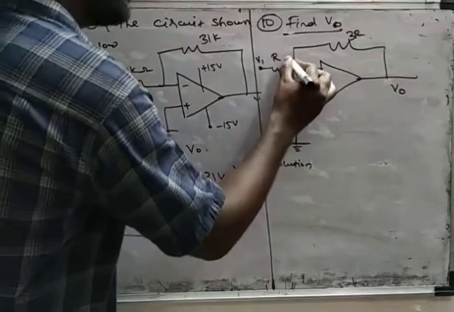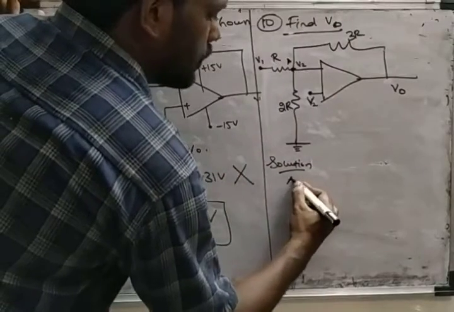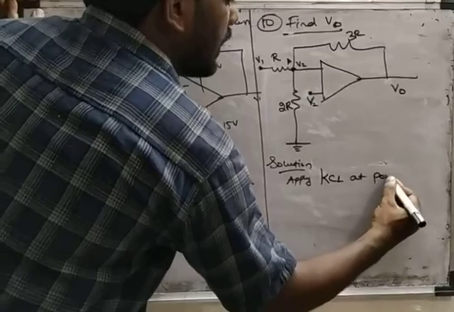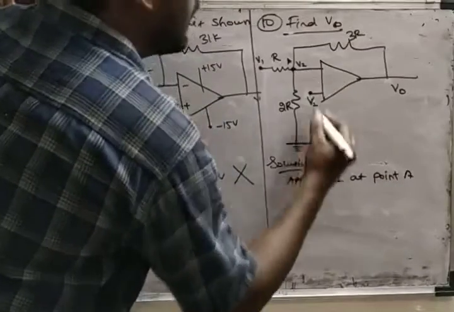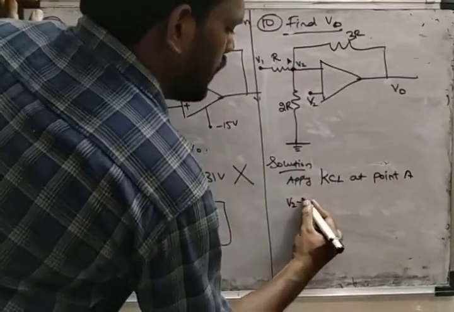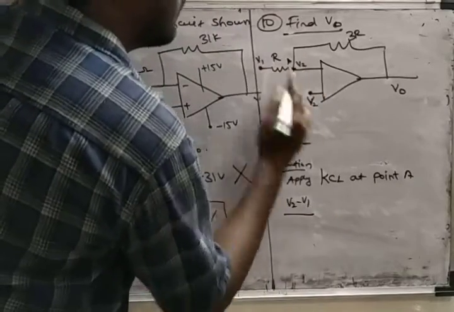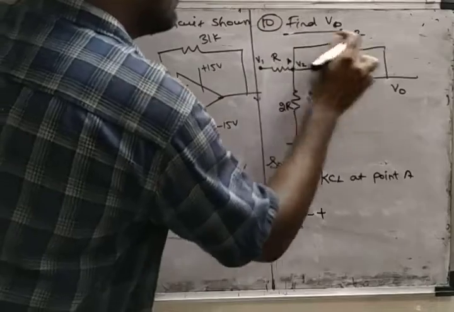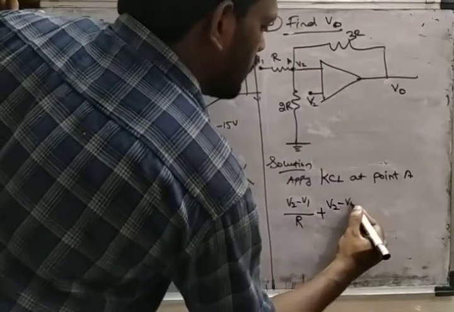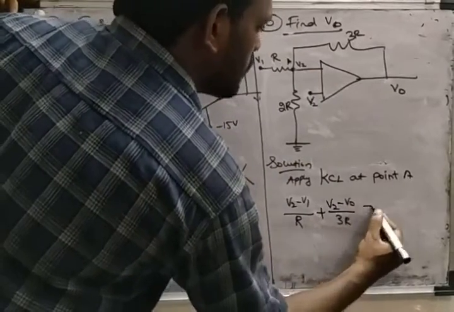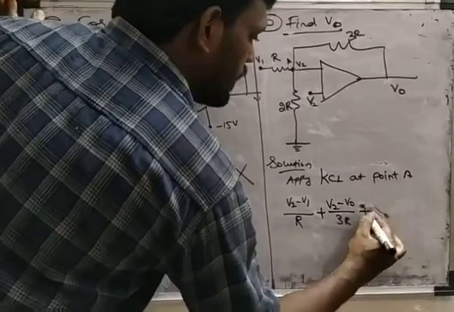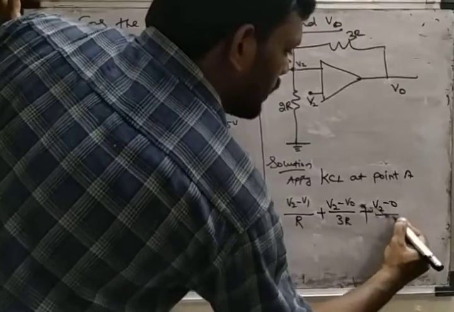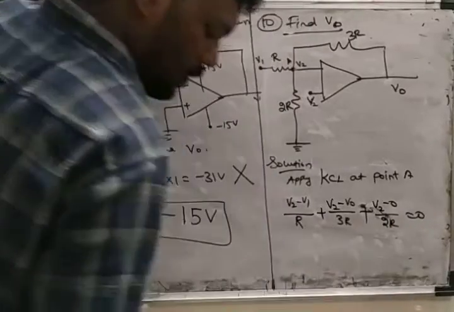So apply KCL at point A. You will get (V2 minus V1) by R plus (V2 minus V0) by 3R plus (V2 minus 0) divided by 2R is equal to 0.